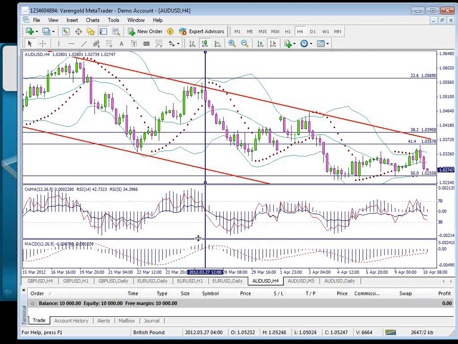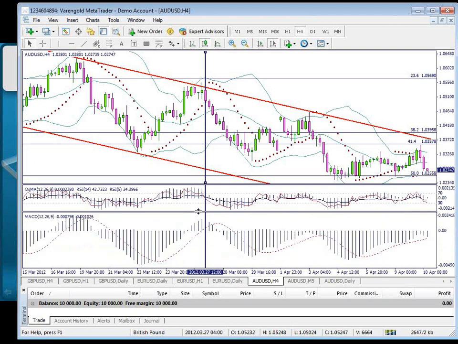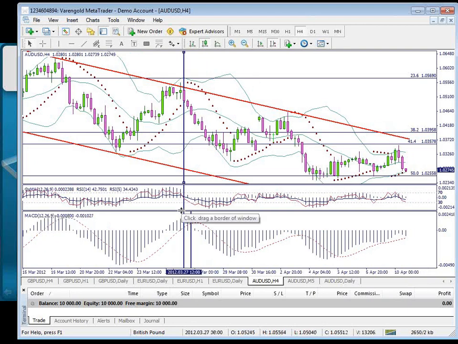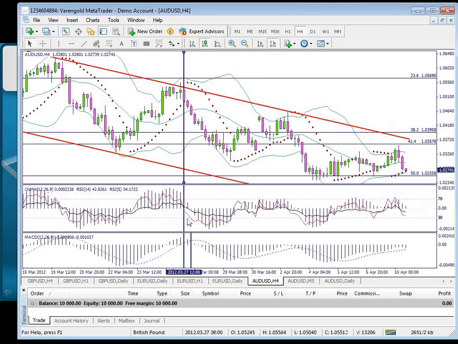Here the histogram of MACD also starts to have smaller and smaller bars, and actually we have the confirmation of the sell at this point. So in this case, I will go into one trade here on this candle.